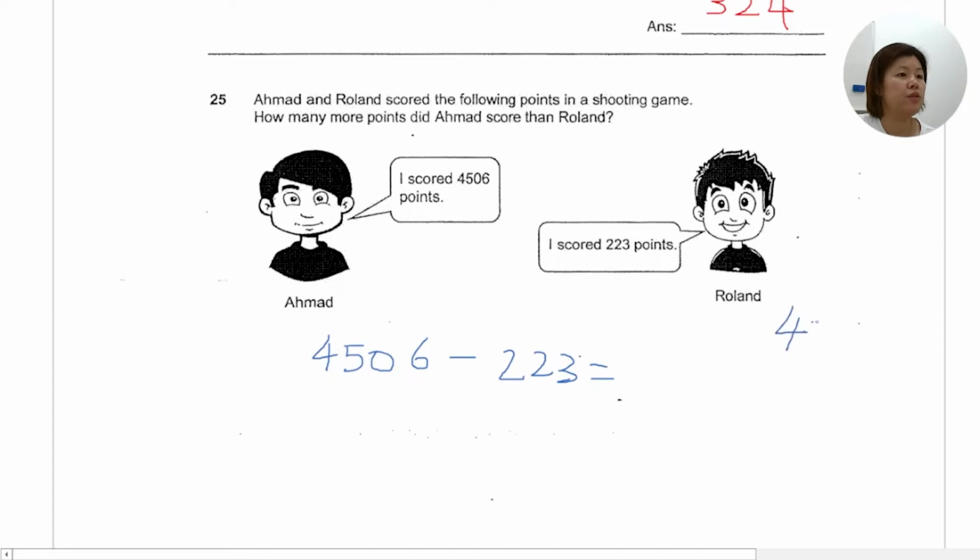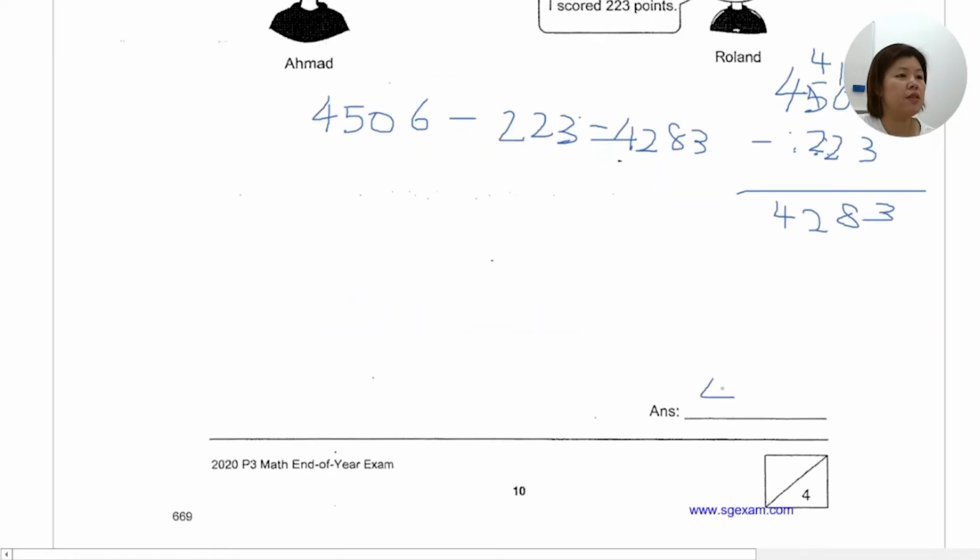Let's do a short working. Let me align it. 2, 2, 3, 3, 4, 2, 8, 3. Answer.